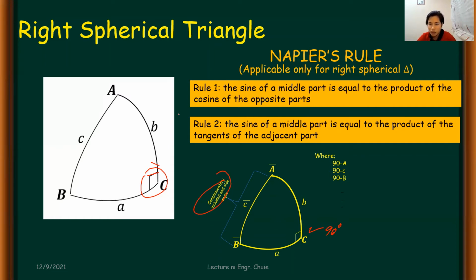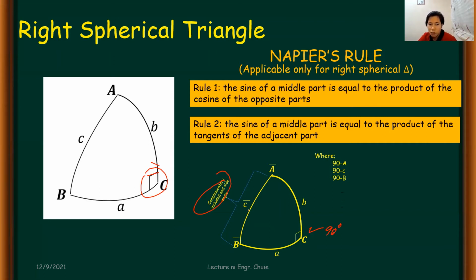So when we say complementary, we just subtract it from 90 degrees. So if C is our 90 degrees, then opposite to C, that will be now our complementary. So yung ating A, if we want to determine the value of A, we need to subtract it from 90 degrees.